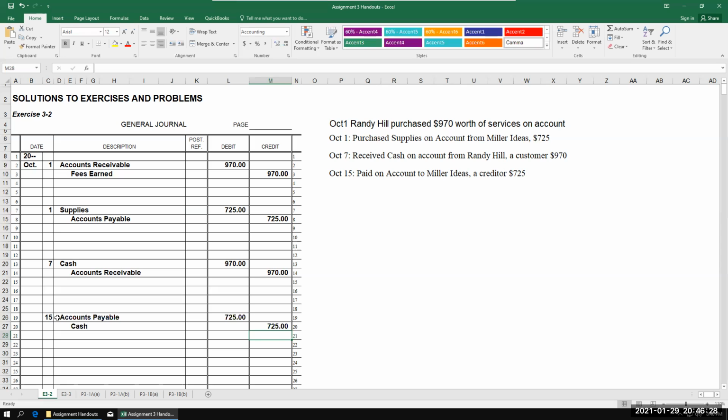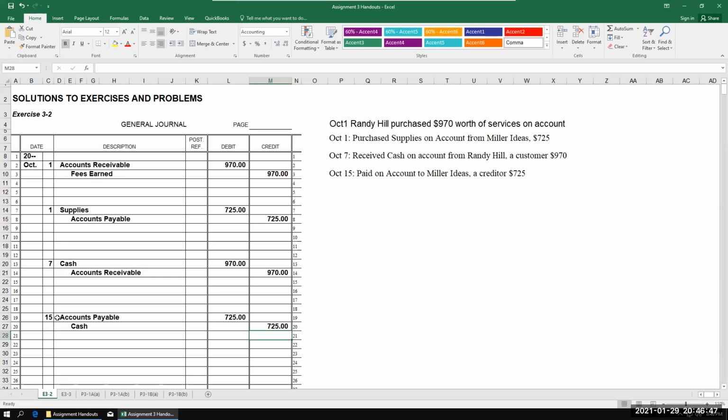And on the 7th, we're not referencing the fact that we made some money off of Randy Hill because we already have that fees earned recorded. What we're doing here on the 7th is just recording that he's paying off his debt. And again, those are a couple of fairly common errors.